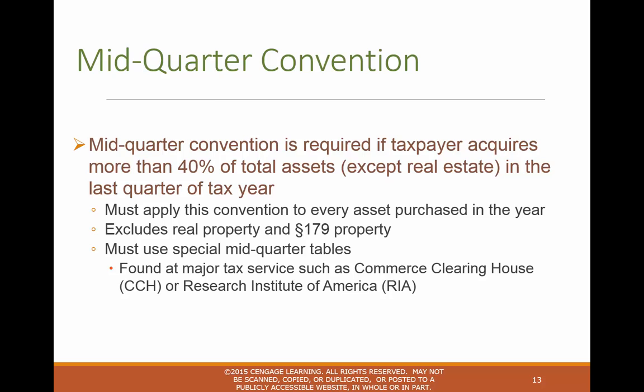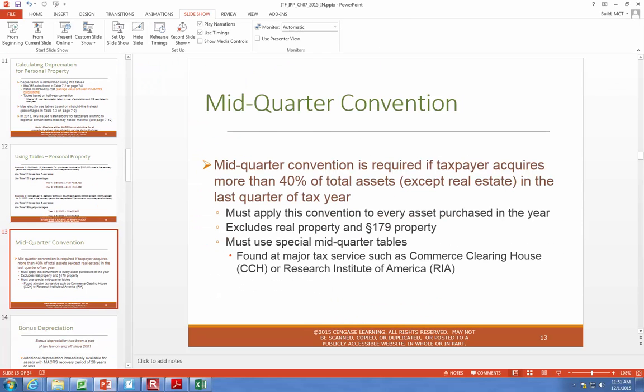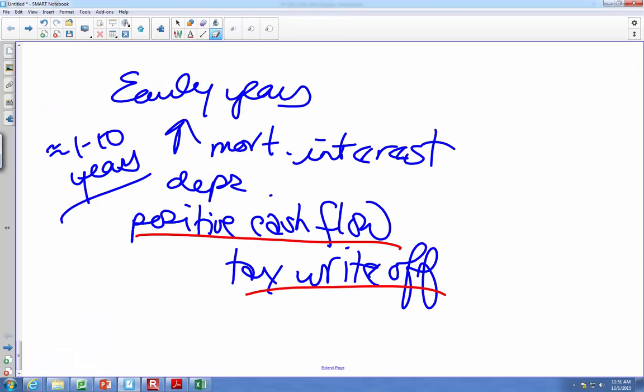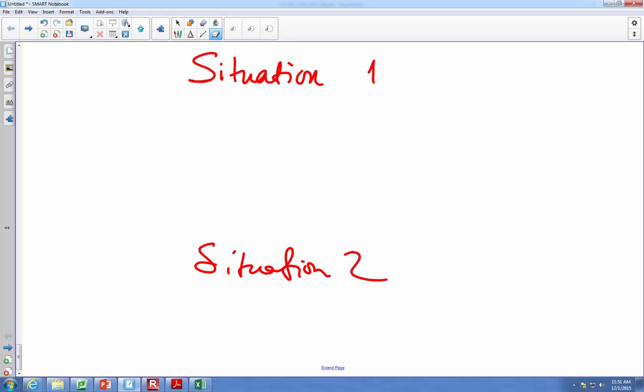Let's just do the math really quick and see if you can apply what I'm saying here. So let's say I've got 2 situations. And let's say I buy 5 assets.